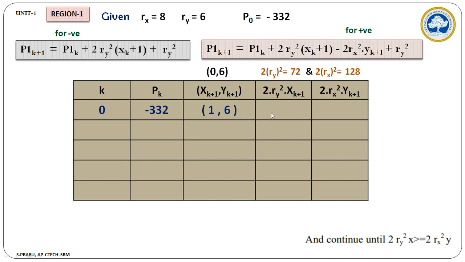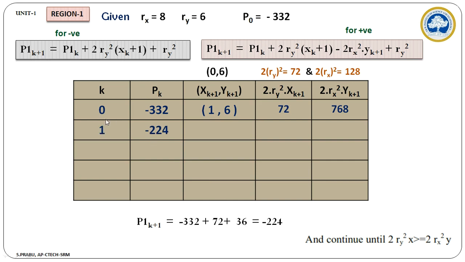So 72 into 1 is 72 and 128 into 6 is 768. This is a negative value, so we use this formula. For finding the next decision parameter, I write the previous decision parameter, that is minus 332, plus 2ry square into xk plus 1, that is 72, plus ry square, that is plus 36. I get minus 224.